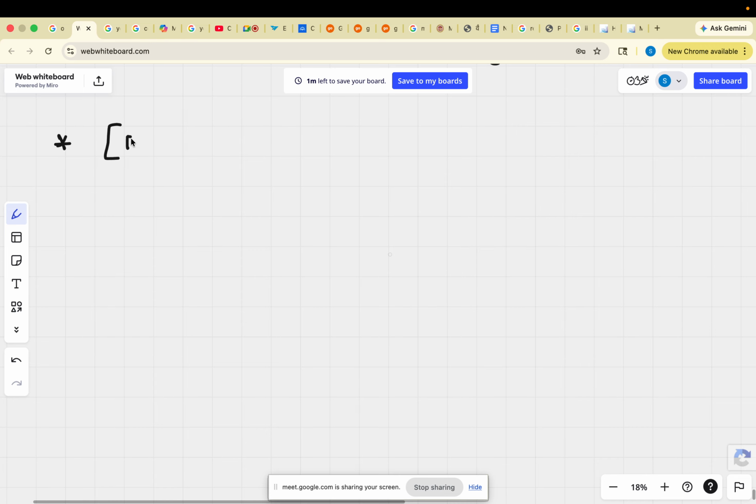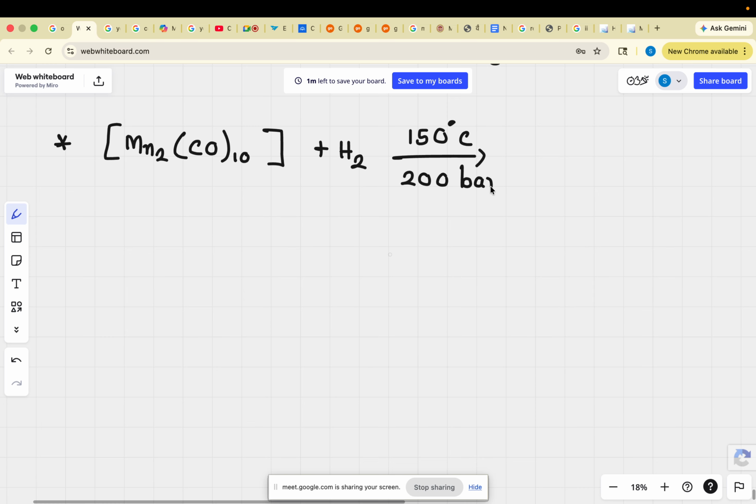Next you have, suppose, this Mn2(CO)10. I am reacting this with hydrogen at 150 degrees centigrade and 200 bar. So what will happen? You will get basically HMn(CO)5. First of all, this manganese-manganese bond will cleave.